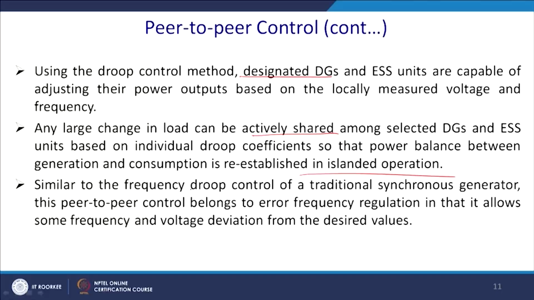Similar to the frequency droop control of a traditional synchronous generator, this peer to peer control belongs to the error frequency regulations. In case of the DC microgrid, it will be voltage. It allows some frequency and voltage deviations from the desired level, and this concept can also be applied to the DC microgrid.